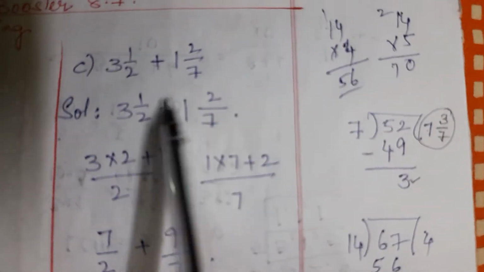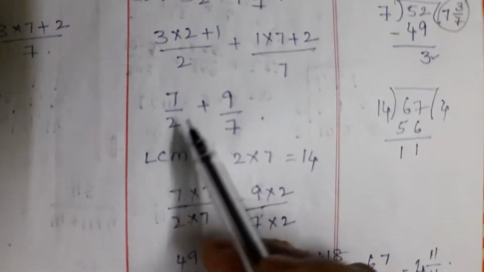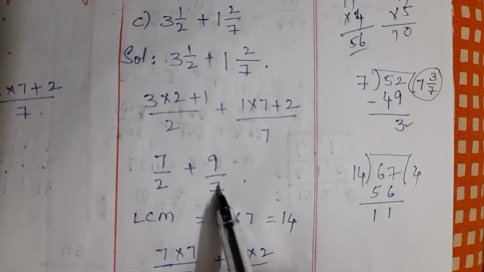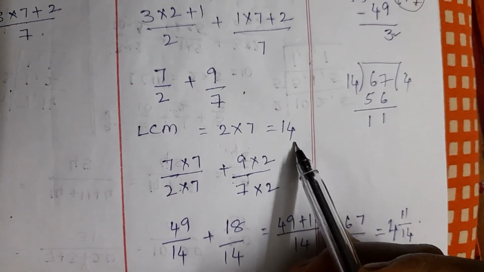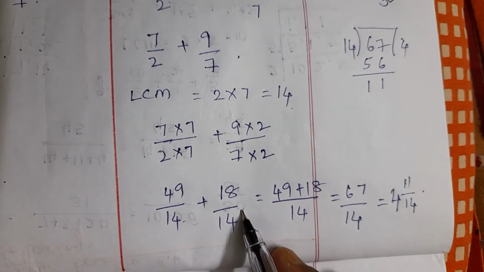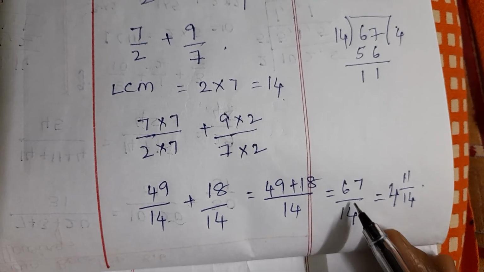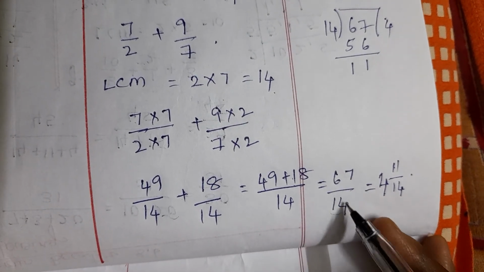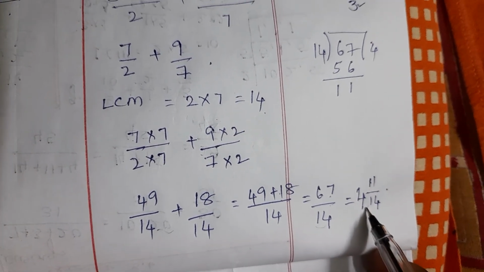And if these fractions are unlike fractions, first we will change them into improper fractions, then take LCM, then make the unlike fractions into like fractions, then add. After adding, if the number is an improper fraction, again change it into a mixed fraction.